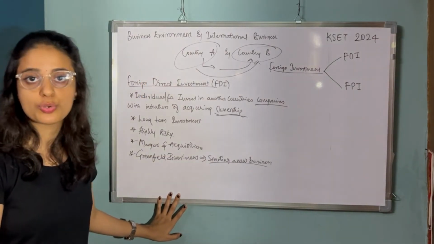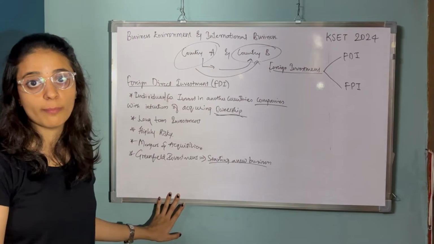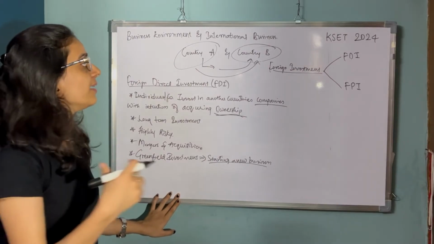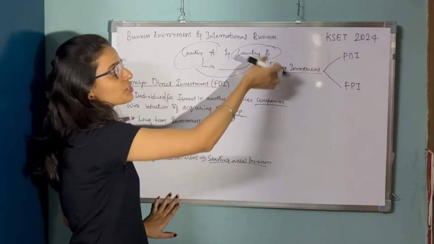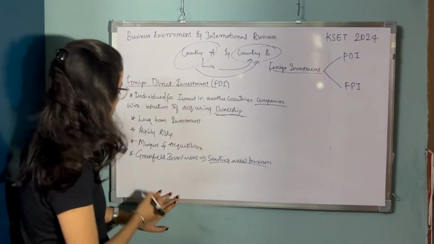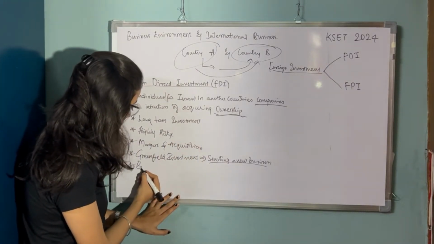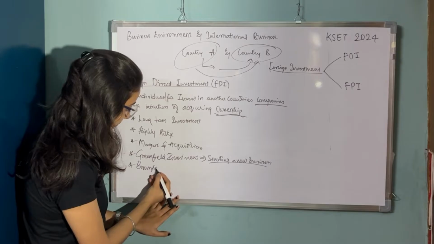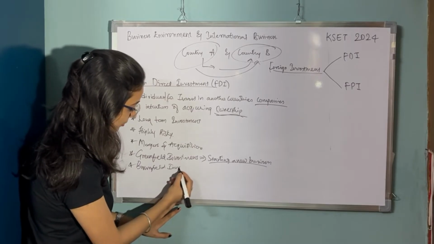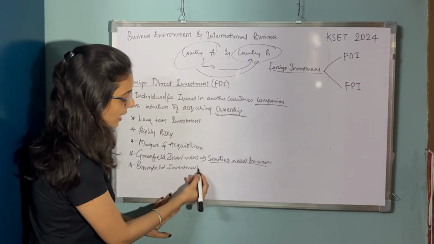This again leads to creating employment, boosts economic growth, and leads to more foreign investment in both the countries, right? So next, it can be brownfield investment. Greenfield, brownfield, very important from the point of view of MCQs again.